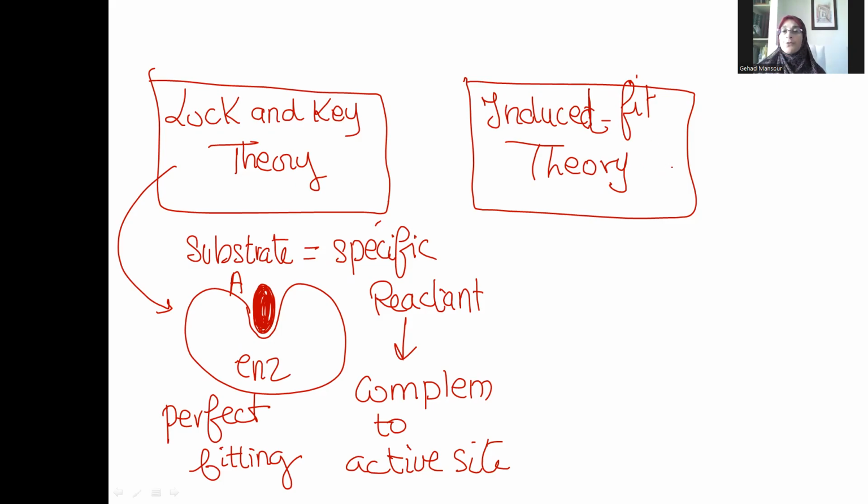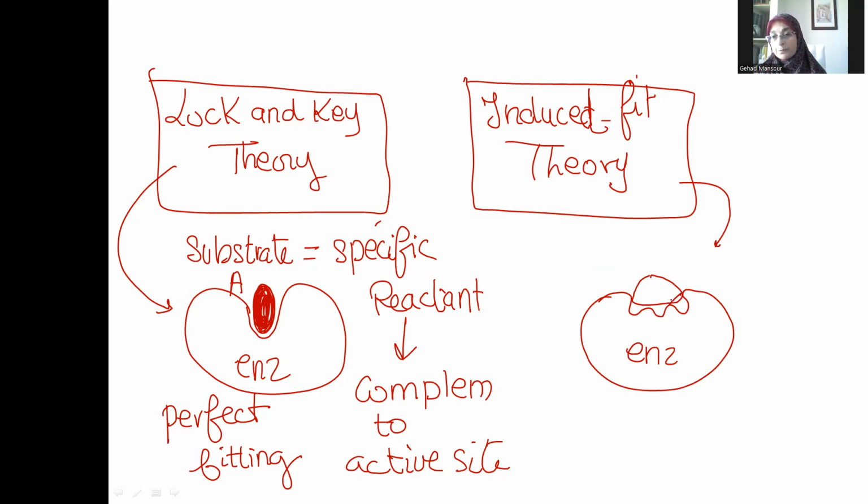But the induced fit theory proved to be more reasonable, because the induced fit theory assumes that there is imperfect fitting between the enzyme and the substrate, but it is an almost perfect fitting. For example, if this is the enzyme molecule and that is the substrate molecule, as you can see, they are not exactly fitting.